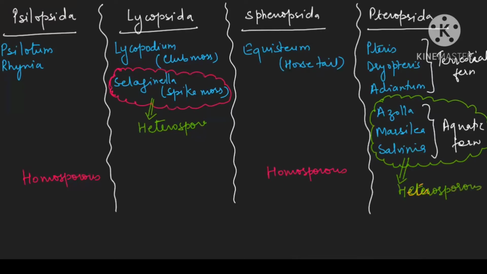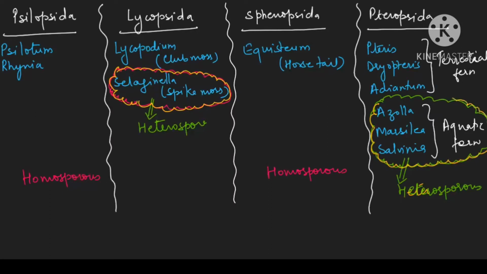So you just learn it in a simple way. Selaginella is the only heterosporous one here. Please focus. Selaginella is only heterosporous. And here only these three aquatic ferns are heterosporous. Remaining all members of pteridophyte are homosporous.